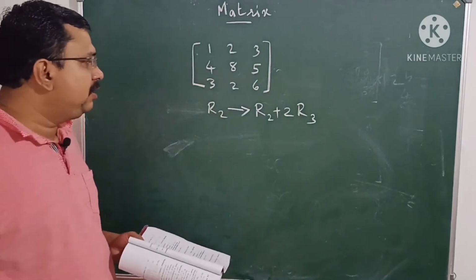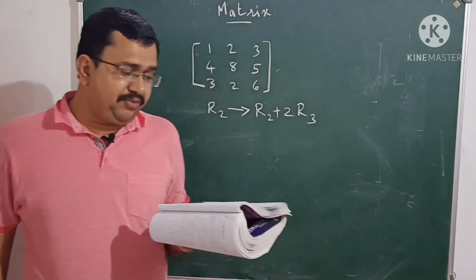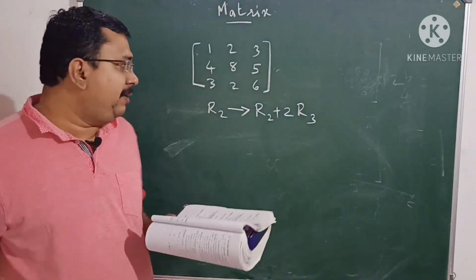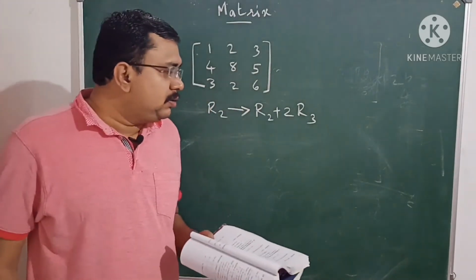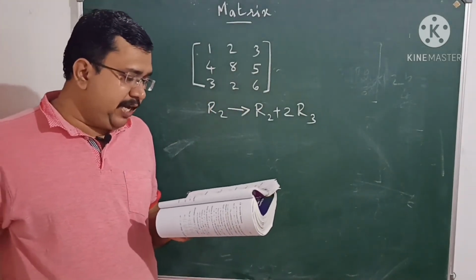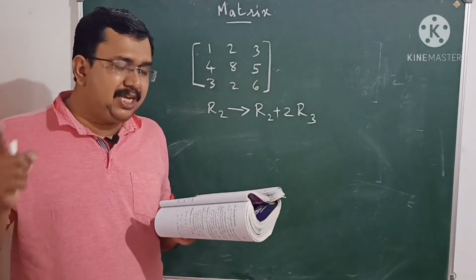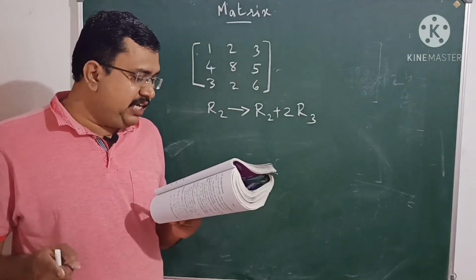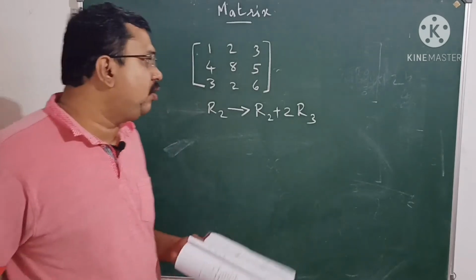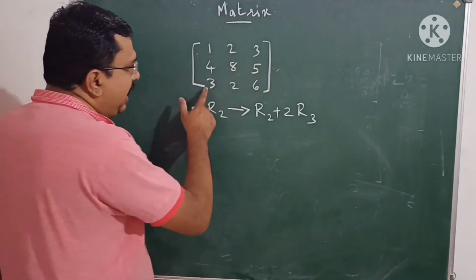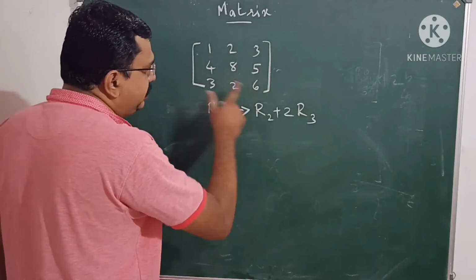What is that? Multiplication of the elements in a row. I am taking the second row. Multiplication of the elements in a row or column by a non-zero scalar and addition of the result to the corresponding elements of another row. For example, here R3 is 3 2 6.